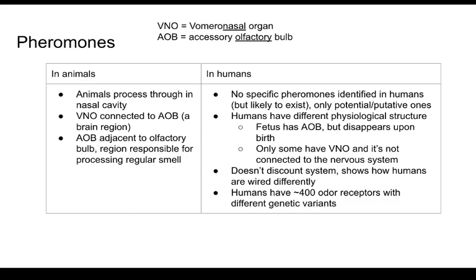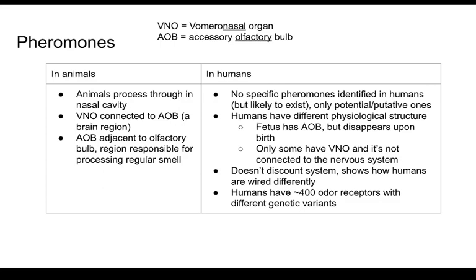The reason why there may be a putative one, but not necessarily the same as animals, is because humans have around 400 olfactory receptors with different genetic variants.